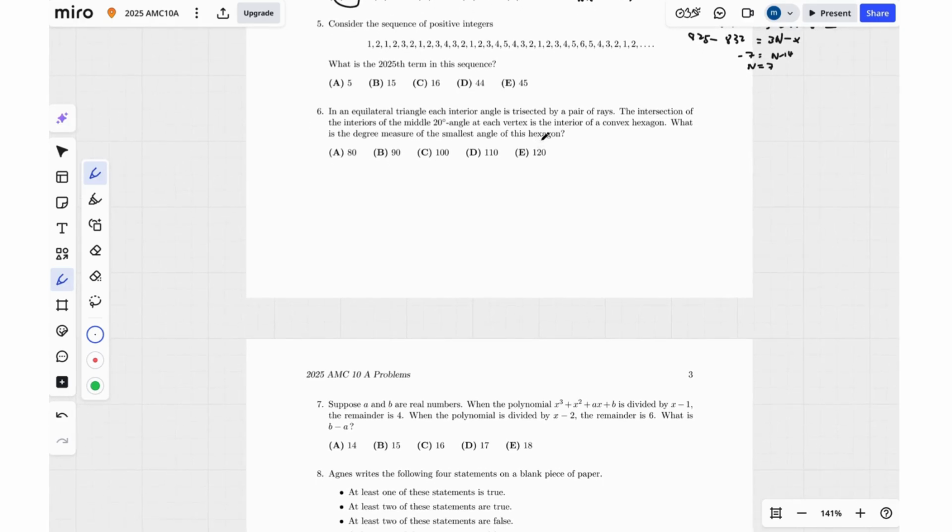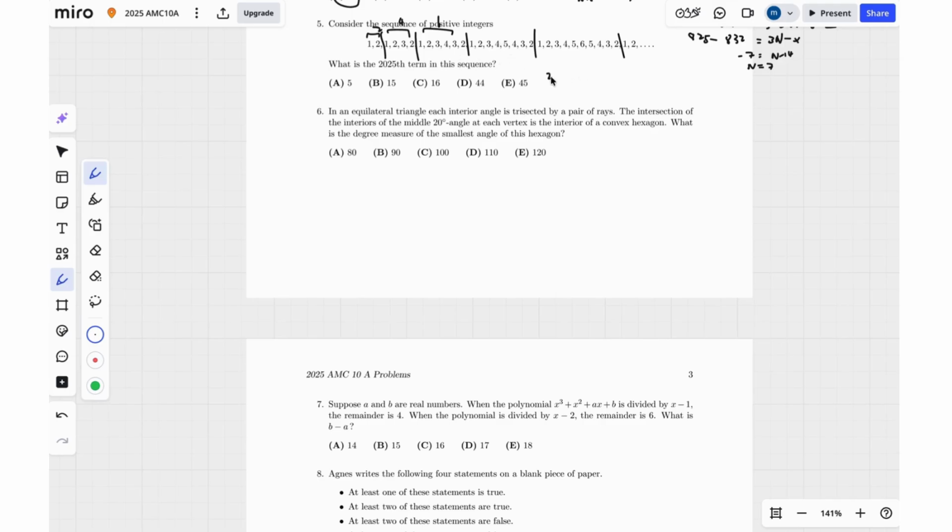Now we have a sequence of positive integers. So here we can just divide these up. So we have this, and so on. So we notice that this has a length of 2, this has 4, this 6, and so on. So it's increasing by 2.